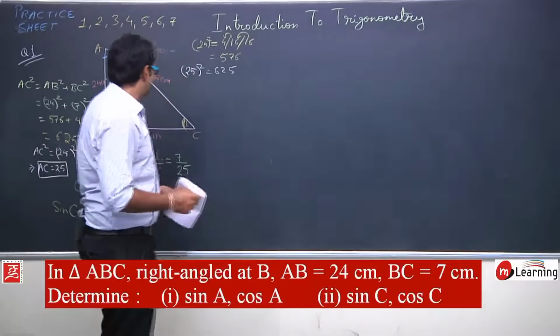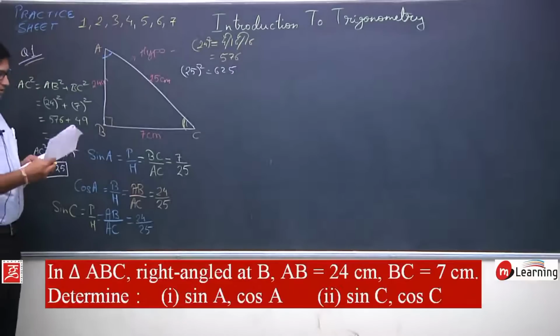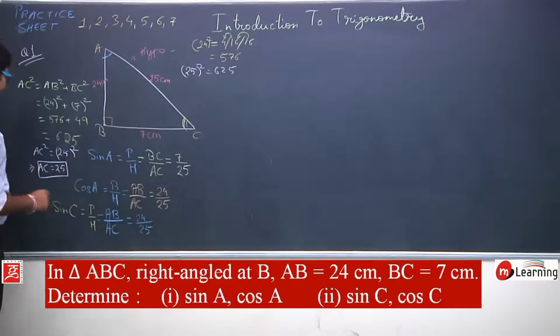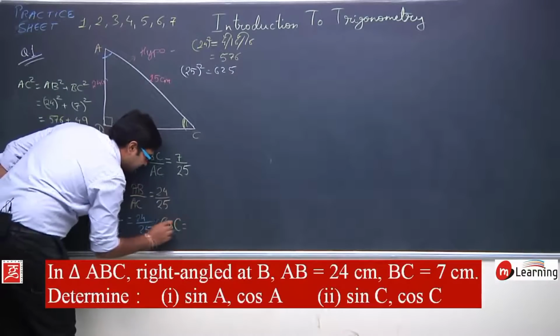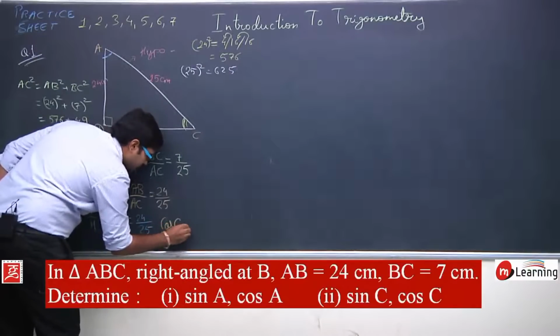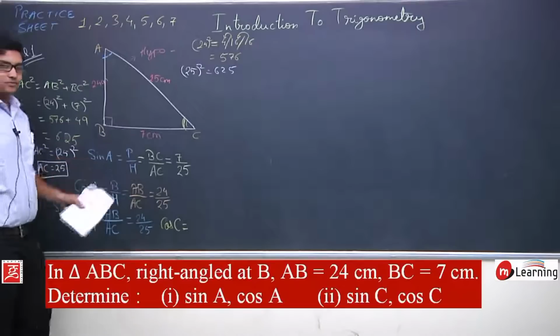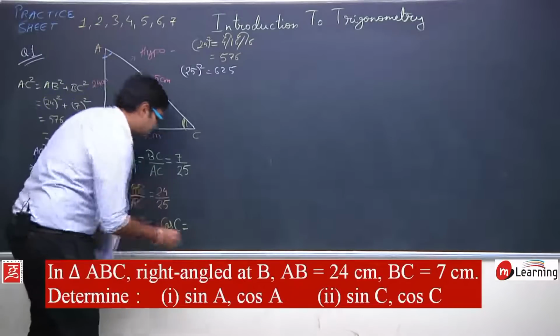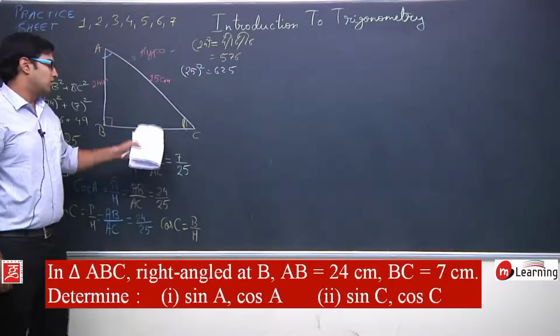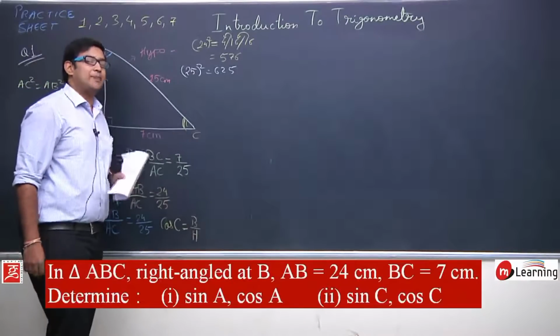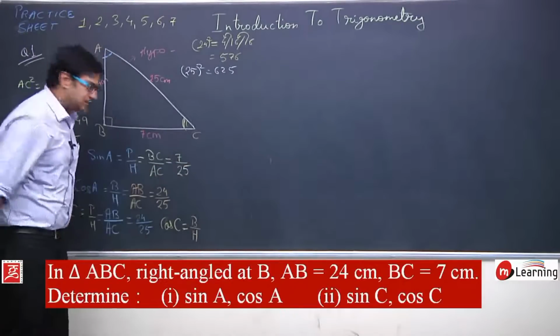Next task is, let us calculate the cos of angle C. So cos of angle C को हम calculate करते हैं. Where should I write? Here. Cos of angle C. So cos of angle C is base upon hypotenuse. Now with respect to this angle C, what is the base? This BC represents the base.